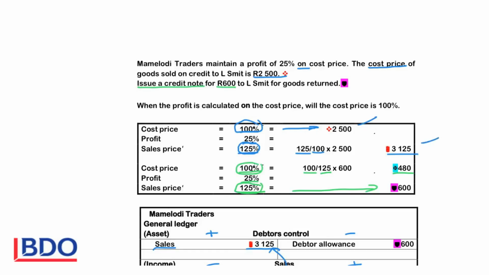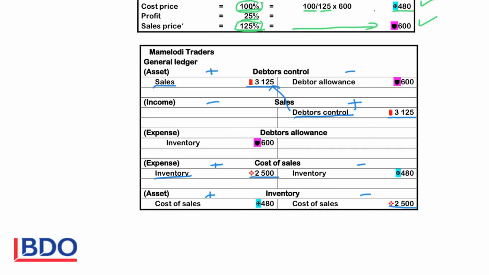When the goods are returned, we also have to complete a double entry for the sales price and the cost price. The debtors owe less money, so we will credit their account with 600 Rand to reduce their debt, and we will debit debtors' allowances with 600 Rand to show that the profit is reduced because we actually decrease our sales income when the goods are returned.